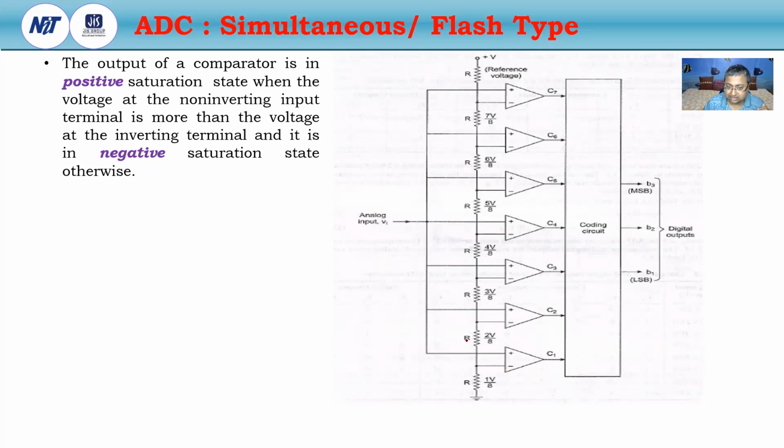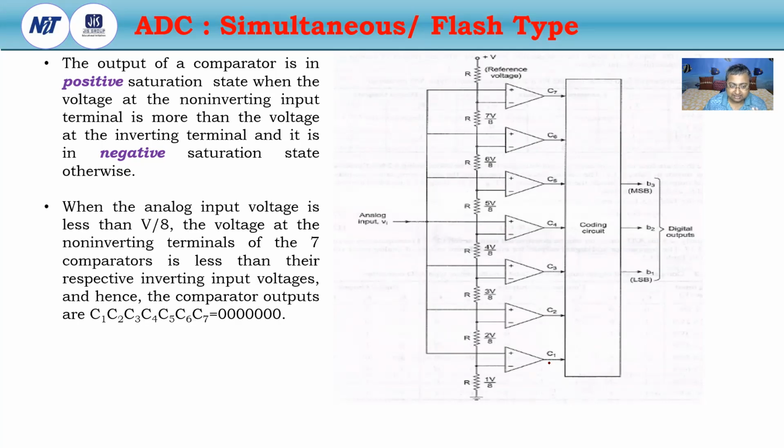So when the input analog signal is greater than the reference voltage, the output of the comparator will be logic high, and otherwise it will be in negative saturation, that means logic 0. So when the analog input signal is greater than the reference voltage of the particular comparator, the comparator output will be logic high.